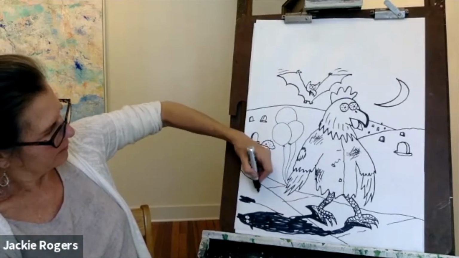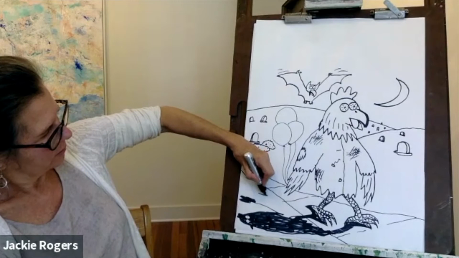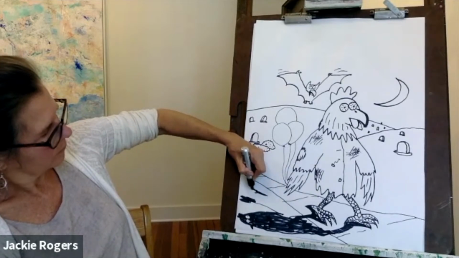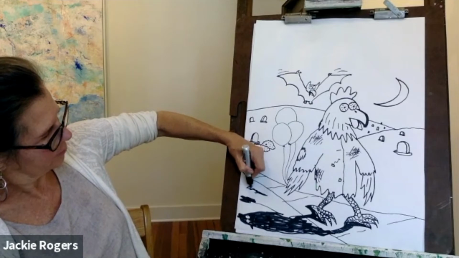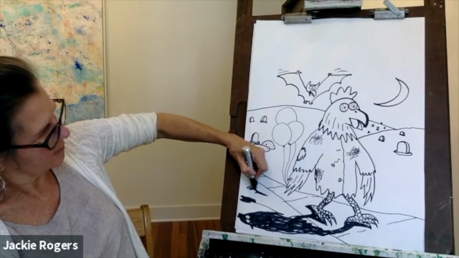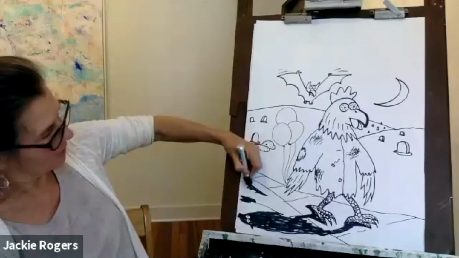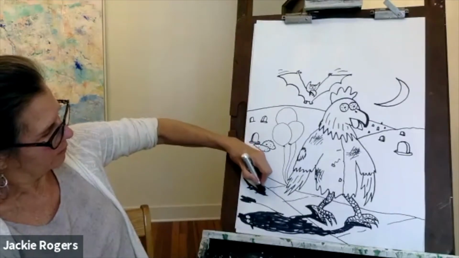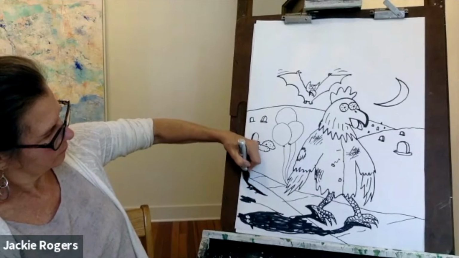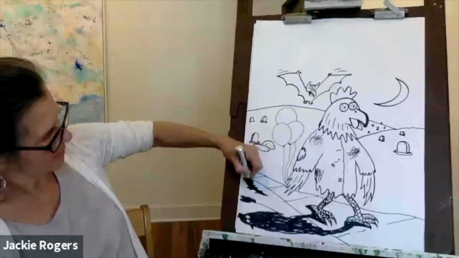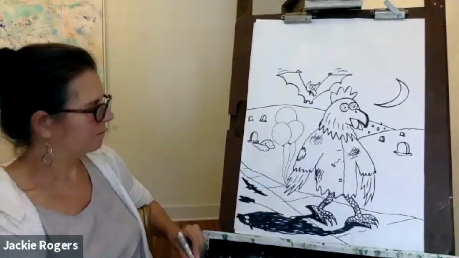But for the sake of our drawing, I'm going to make our bat on the page. We'll give him zombie eyes. You can just keep the shapes really simple for the shadows, because that can get really complicated.